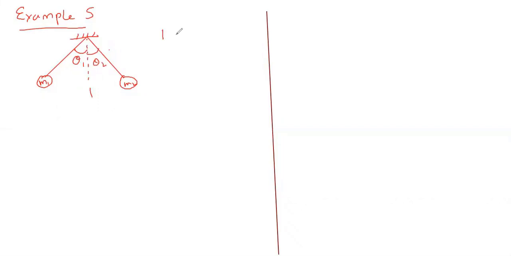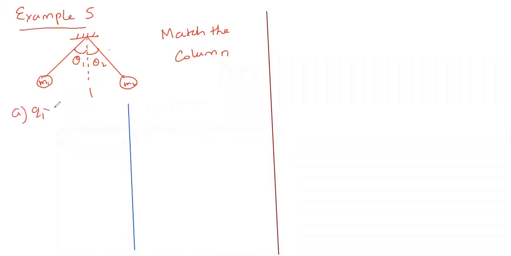So what we have to do is match the columns. I will make a column, and you have to match the entries in the left column to the entries in the right column. It goes something like this. In the first part, A, it is given that q1 is greater than q2 and m1 is equal to m2.